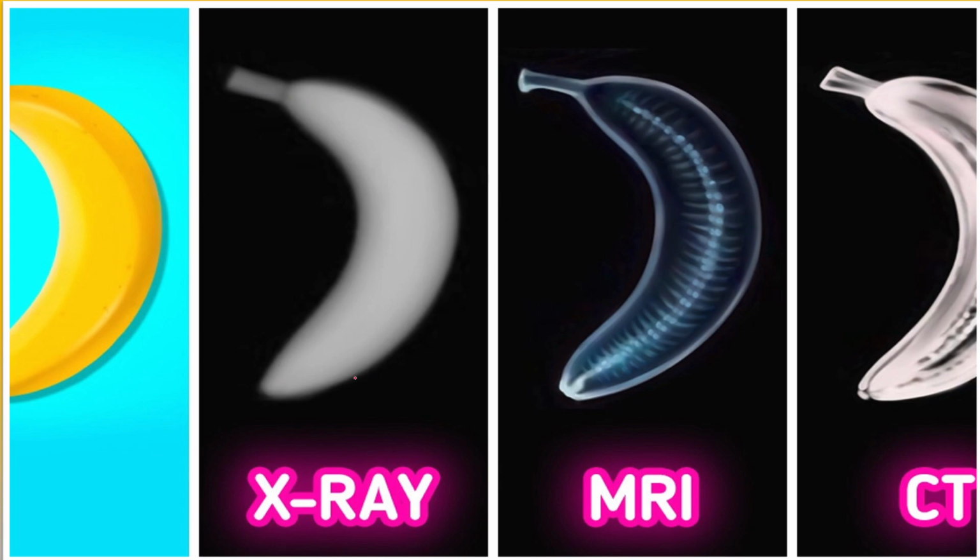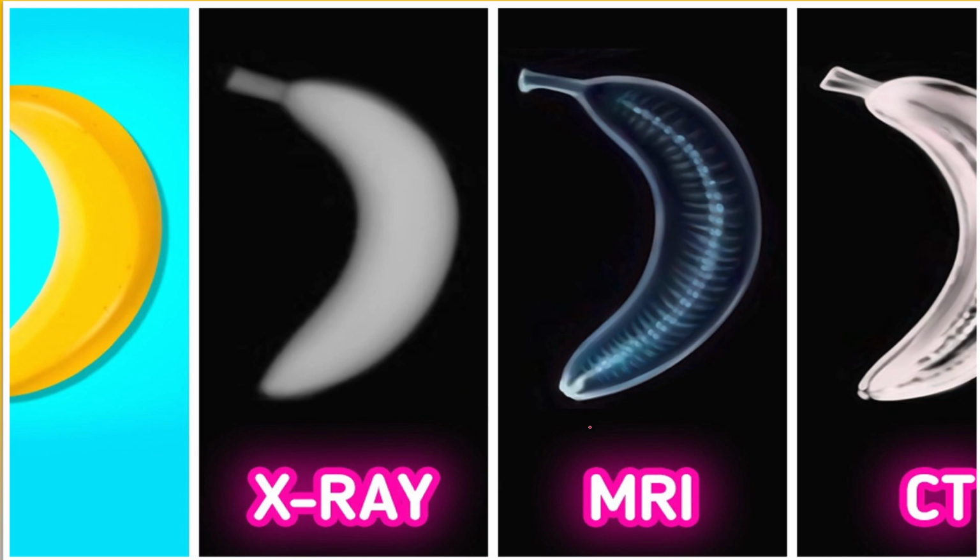So you can see that the color of this skin is whitish, meaning most of the X-rays did not penetrate through this banana. So you will see this type of image.